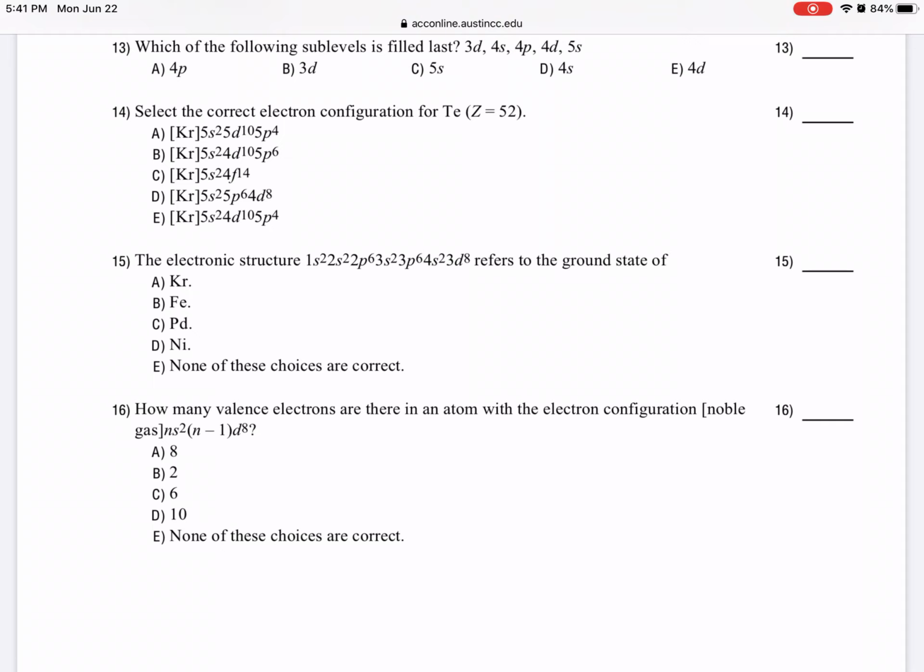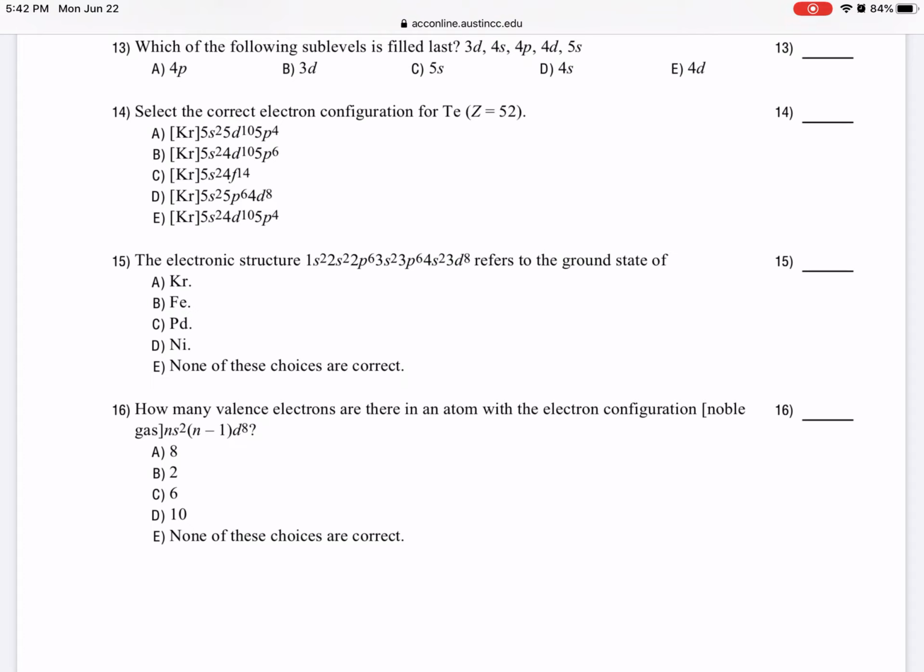And number 16. How many valence electrons are there in an atom with the electron configuration? You have the noble gas, ns2, (n minus 1)d8. Now, n is the principal quantum number and n minus 1 is the d electrons. Remember, if the principal quantum number is 4, 4s2, n minus 1 is 3.